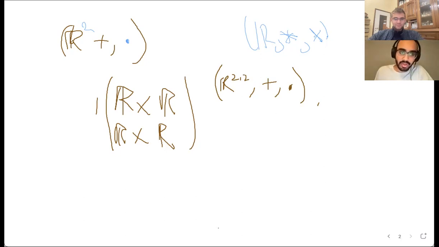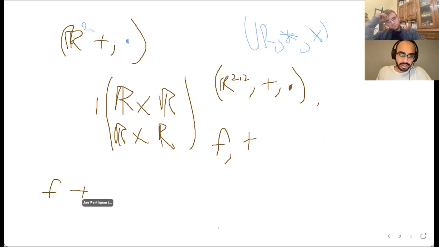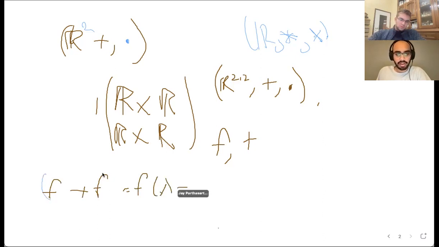Another thing is that functions can behave like vector spaces if you have a set of maps, say from R to R. If you define addition as function addition, f plus g of x equals f of x plus g of x, right?